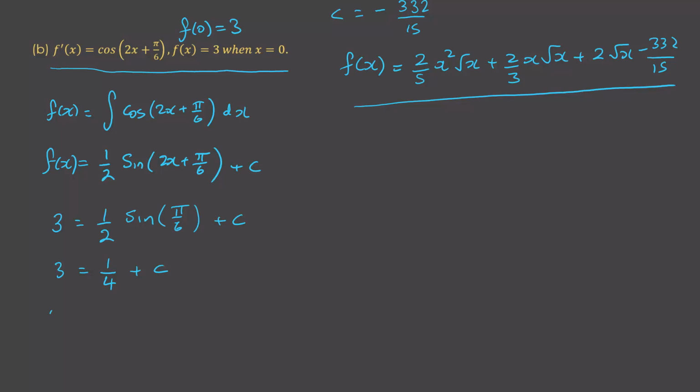And of course 3 is 12 quarters. And that gives me that C is 11 quarters. So f of x here is going to be a half sine 2x plus pi by 6 plus 11 over 4.